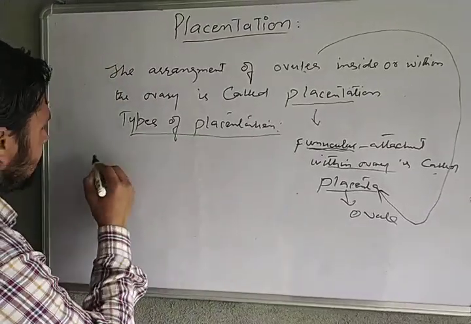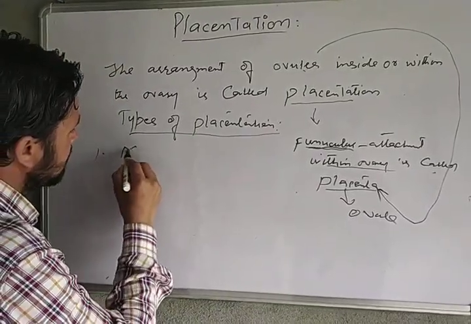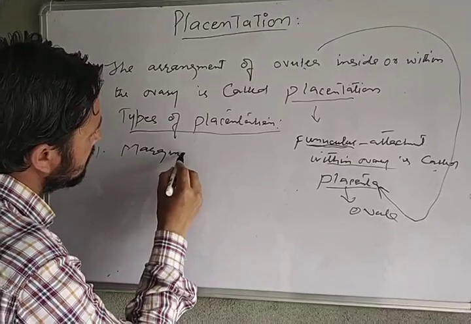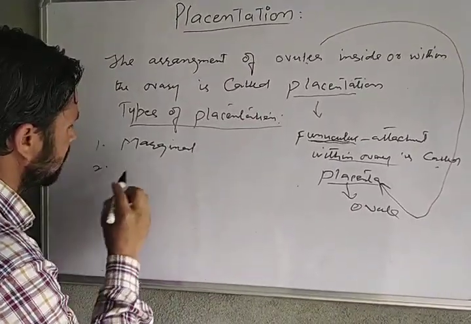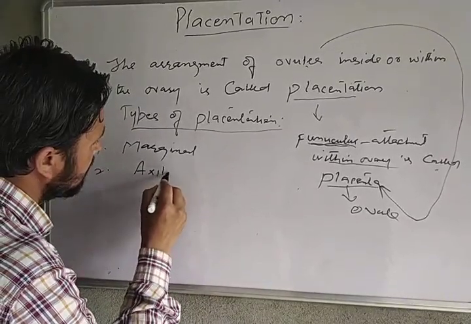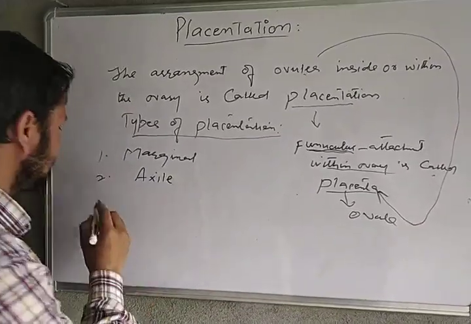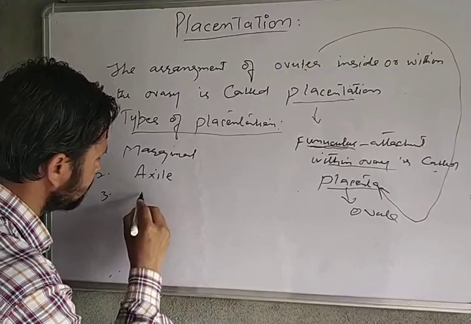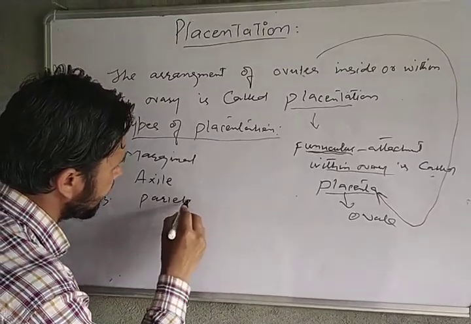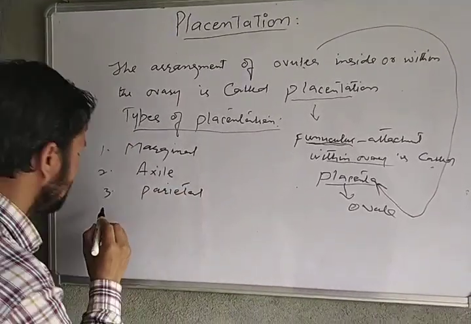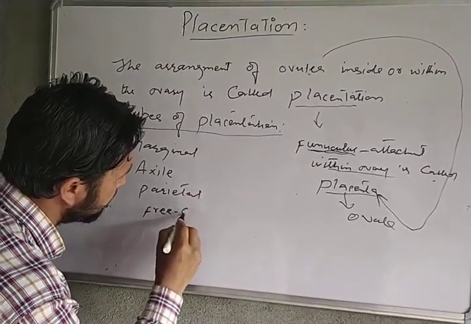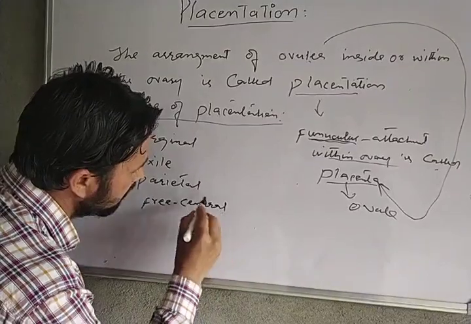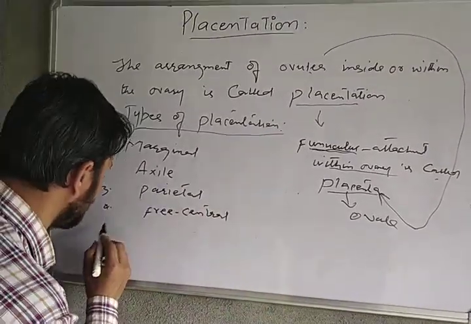Here, the first one is marginal type of placentation. Second one is axial type of placentation. Third one is parietal type of placentation. Fourth one is free central type of placentation.